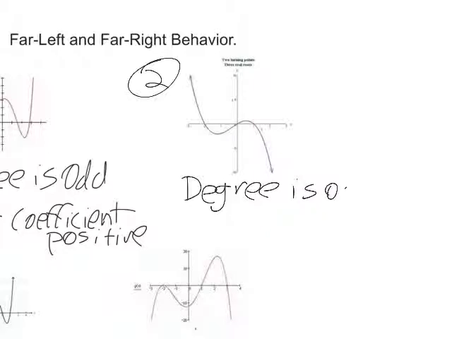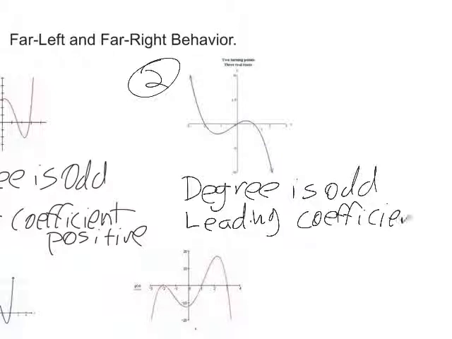And this time the right end goes down, which means that the leading coefficient is negative. So the degree is odd when the ends go opposite, and the right end helps you figure out the leading coefficient. If the right end goes up, it's positive. If the right end goes down, it's negative.